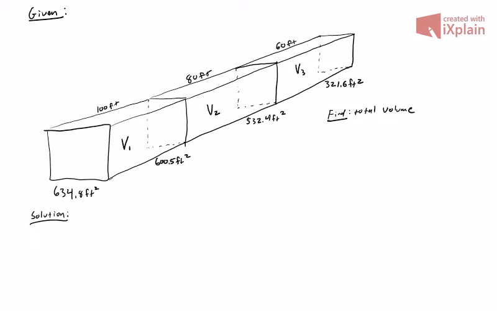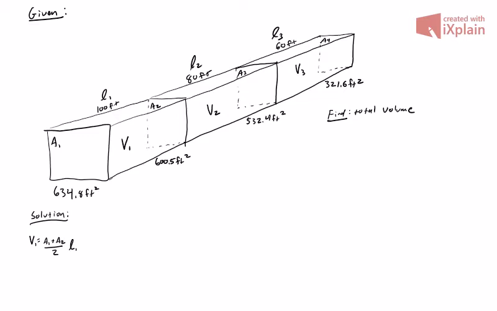So if we're going to break this up into our 3, I'm going to relabel this A1, A2, A3, and A4, and we'll say that this is L1, L2, and L3 to go with our V1, V2, V3. So if we want to find volume 1, that's going to be equal to area 1 plus area 2 over 2 times L1.